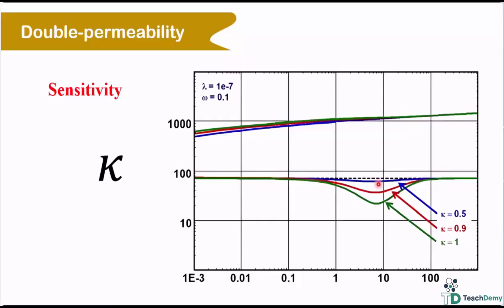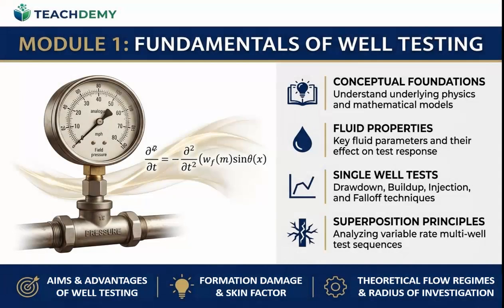It only controls the valley's shape. Therefore, in summary, the double permeability model captures both the direct contribution of the two layers to the well and the vertical crossflow between them. The crossflow behavior is reflected as a transition valley in the derivative plot. Its position and depth depend on lambda, omega, and kappa.